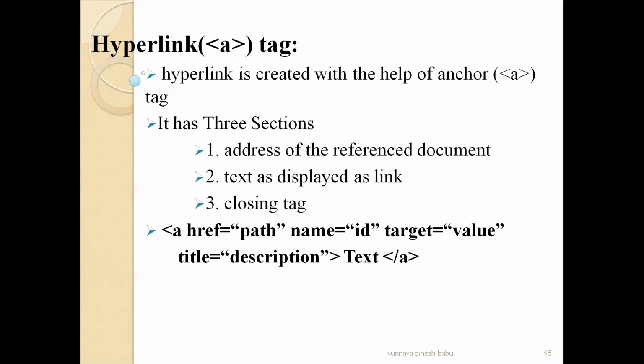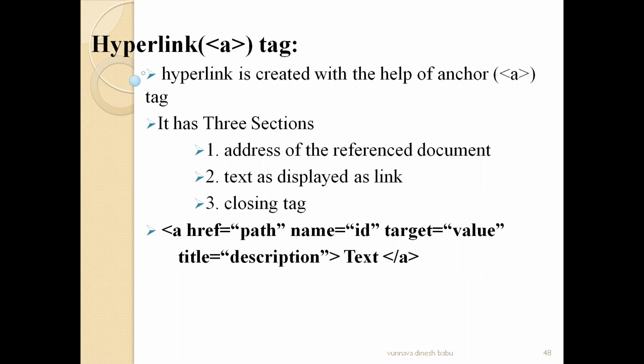This anchor tag consists of multiple attributes. Among all those attributes, there is one attribute which is very important for the anchor tag. The name of the attribute is href, hyperlink reference. For this href only, we will provide the address of the referenced document.